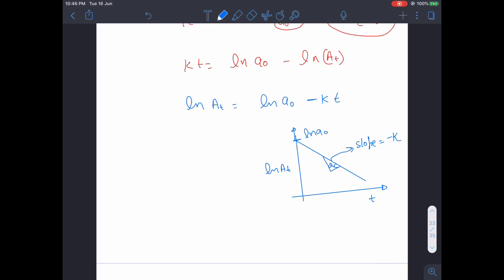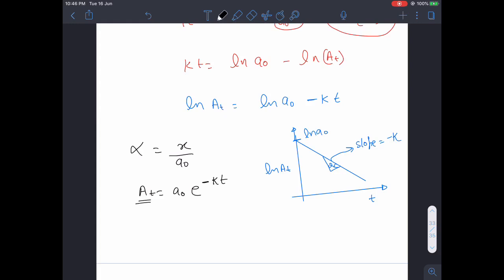Now the last part, and that is degree of dissociation alpha. So what is alpha? Alpha is x upon a naught. And what was the value of x? We already calculated At is equal to a naught e to the power minus kt.